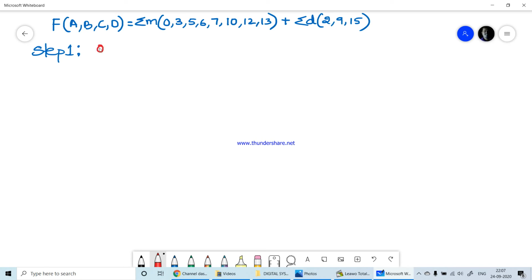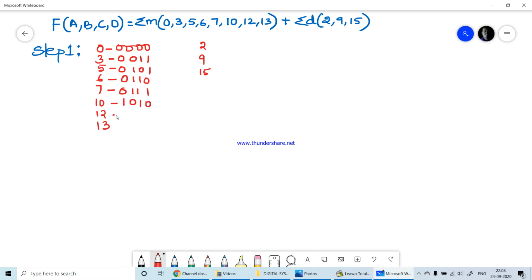First minterm is 0, then 3, 5, 6, 7, 10, 12, 13, and the don't cares are 2, 9, 15. 0 is 0000, 3 is 0011, 5 is 0101, 6 is 0110, 7 is 0111, 10 is 1010, 12 is 1100, 13 is 1101, 2 is 0010, 9 is 1001, 15 is 1111.